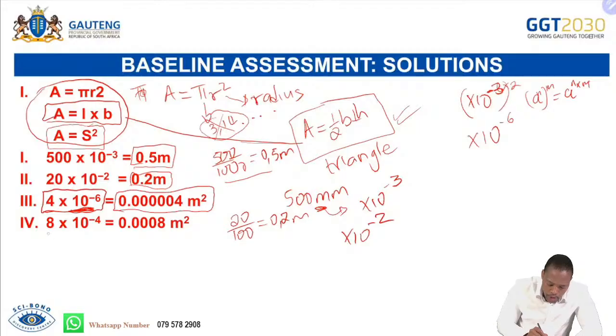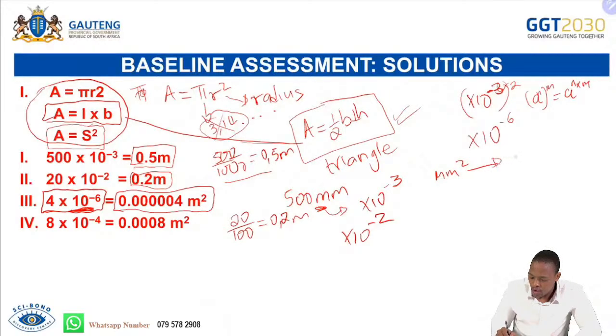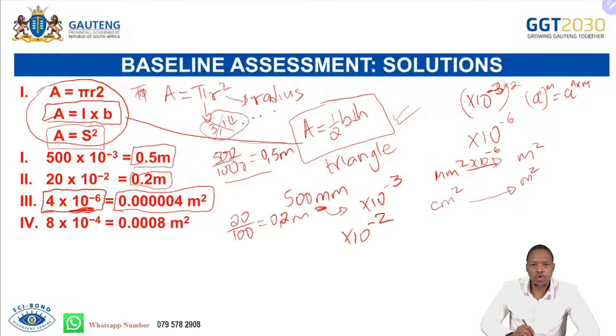We're also expected to convert from square centimeters to square meters. So if I go from square millimeters to square meters, I multiply by 10 to the power minus 6. Whatever the number is, I must multiply by 10 to the power minus 6. Now, I'm converting from square centimeters and I want to go to square meters. What should I do?